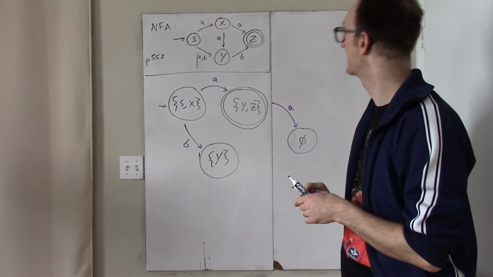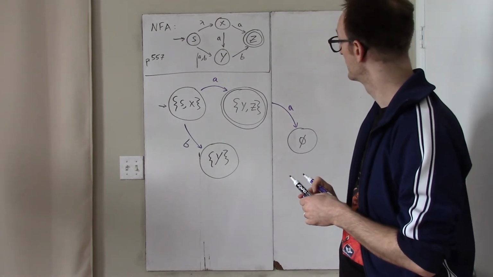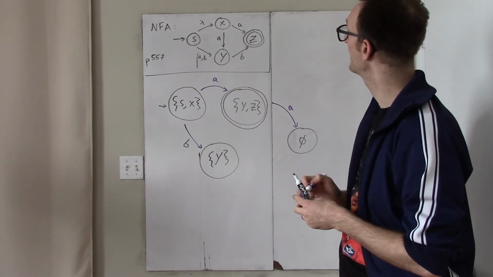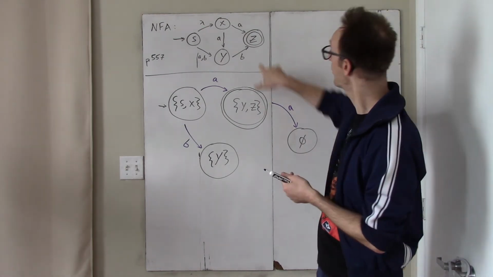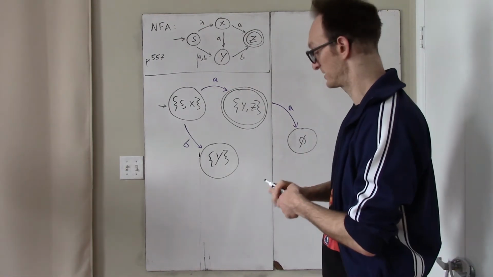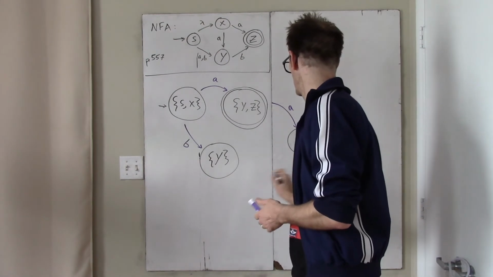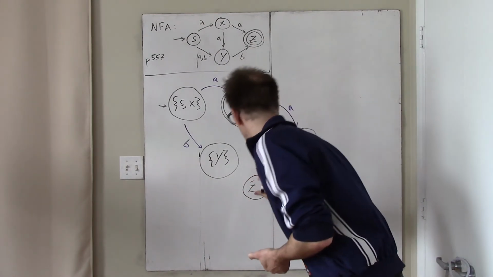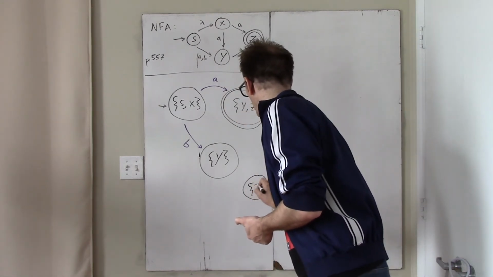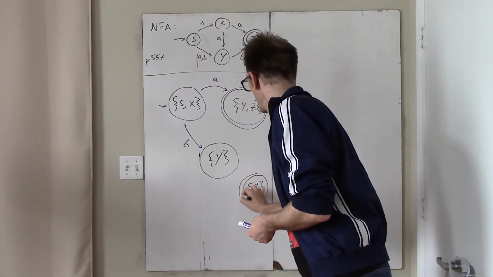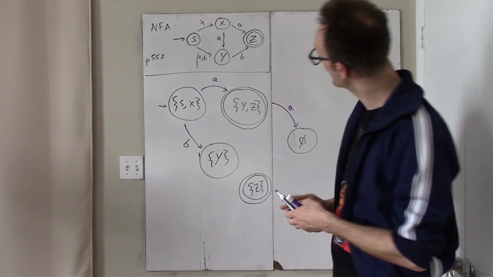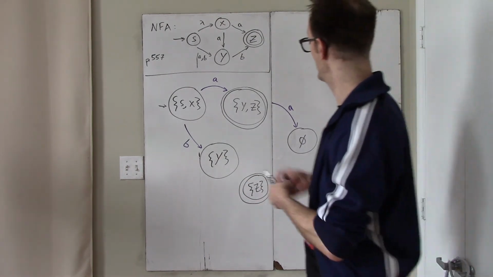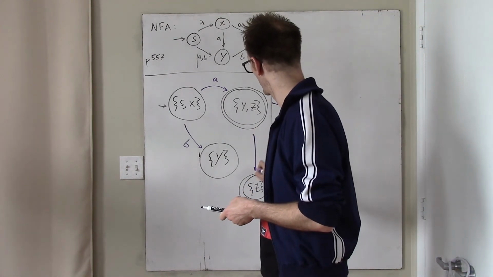What if I read a B coming out of the YZ state? Again in Z there are no rules, but in Y if I read a B I go to just Z. So I need a just-Z state, which looks like that, and it will also be an accept state, and if I'm in YZ and I read a B, I should go there.